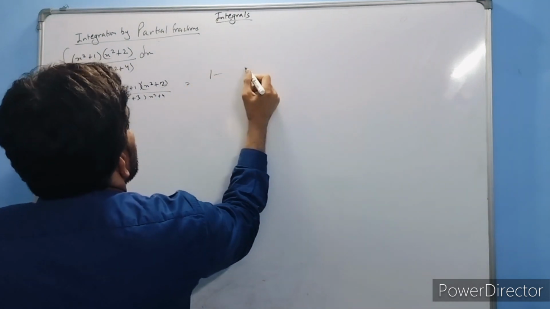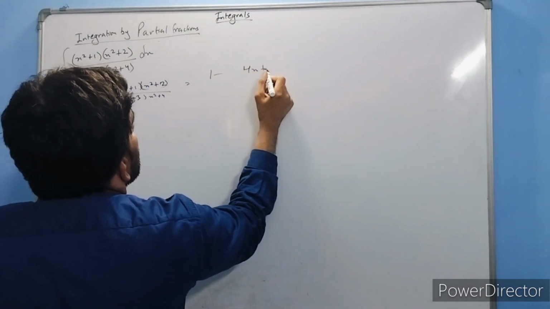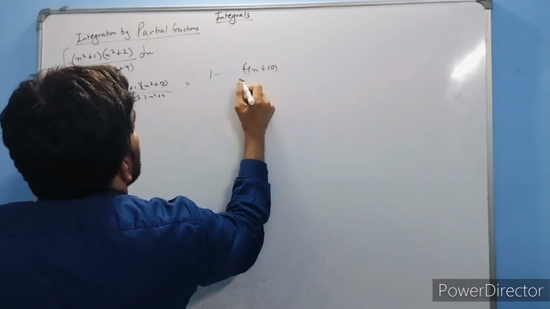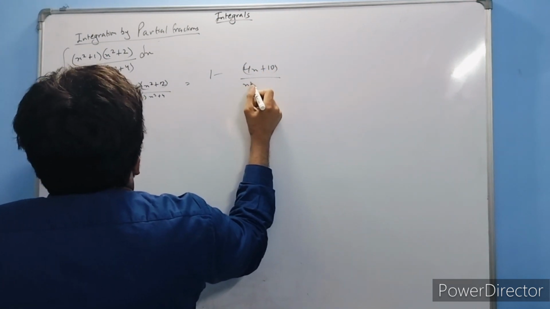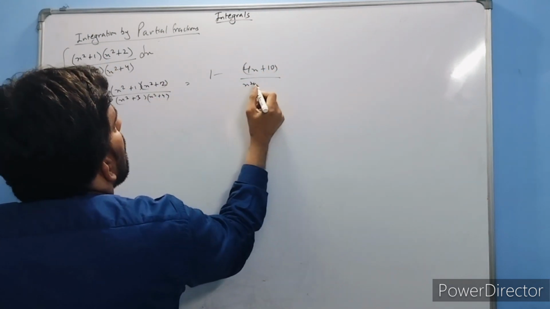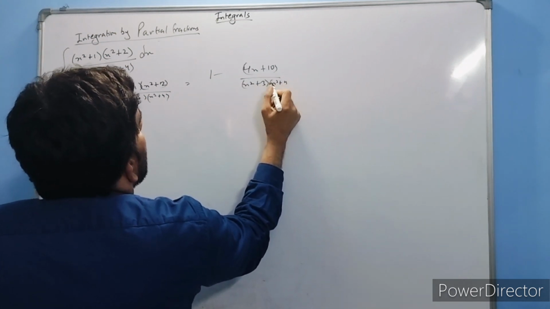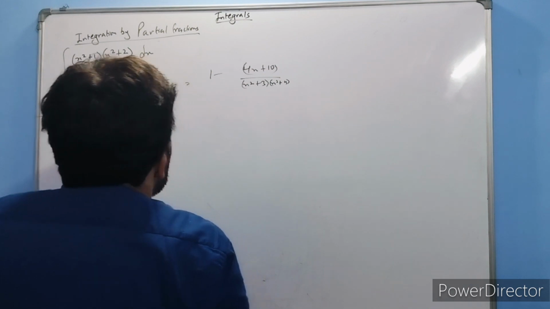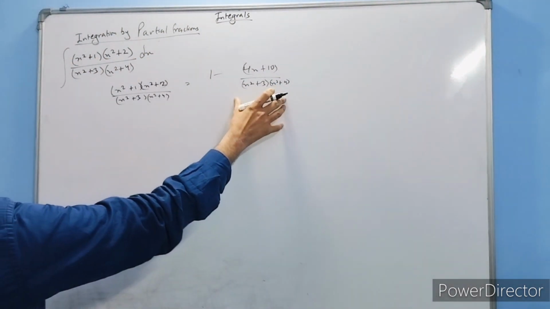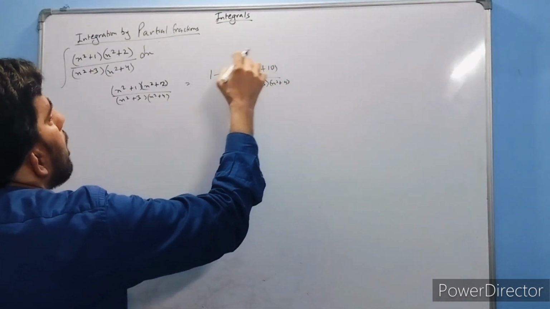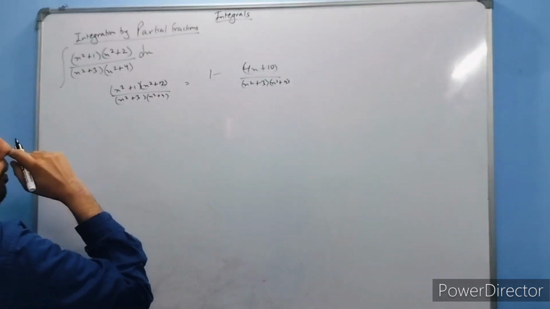I can write this like this: x square plus 3, x square plus 4. Now we'll try to solve this first, because if I multiply this here and subtract, we get this value.